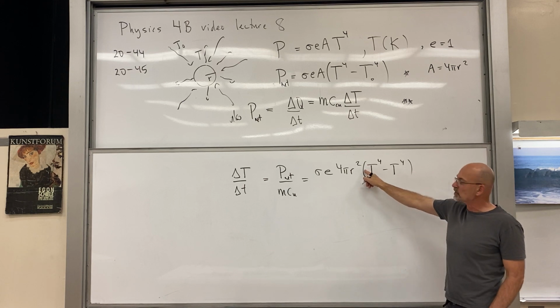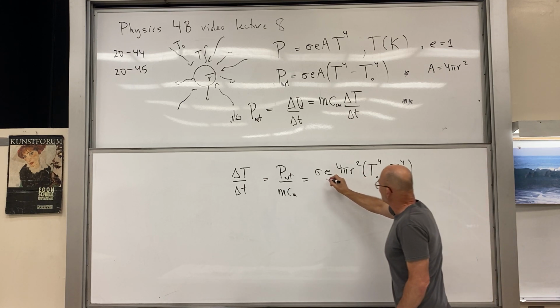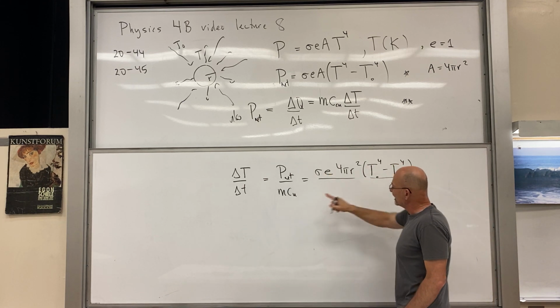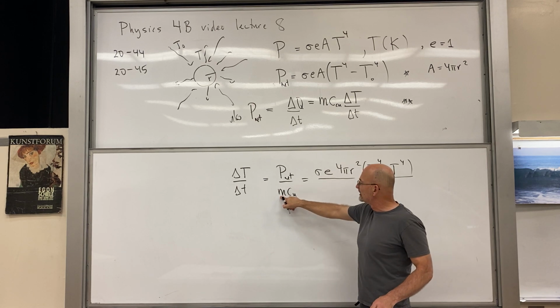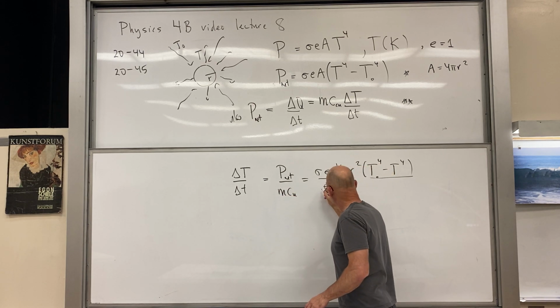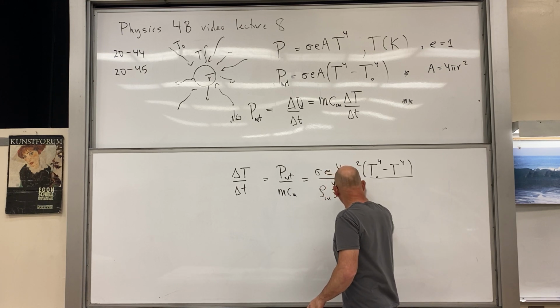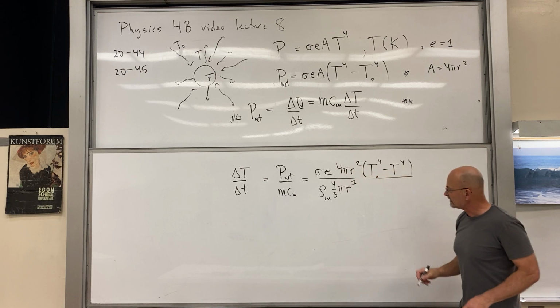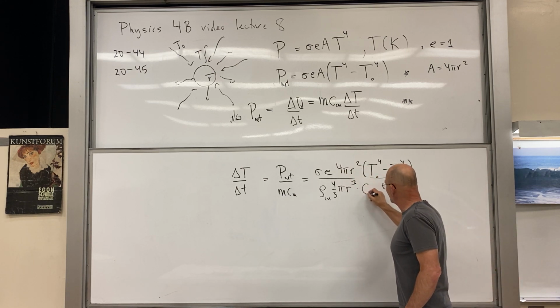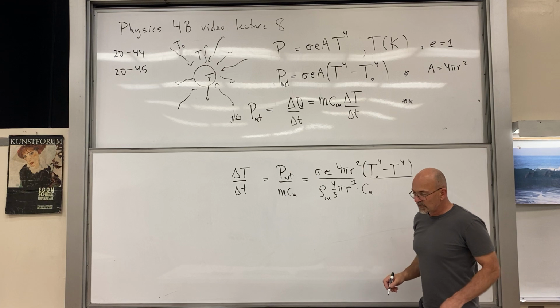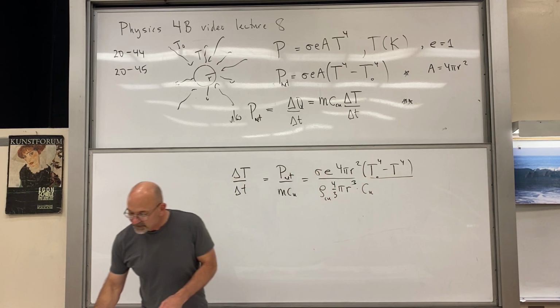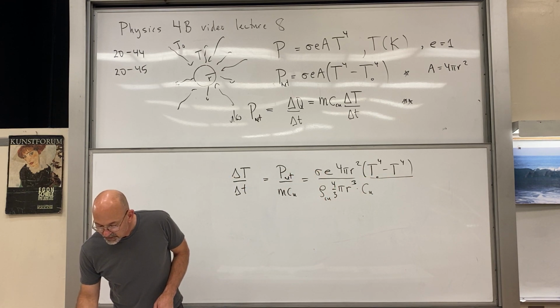That was just the larger of the two. And in the denominator, we're going to need the density of copper. So this is a mass of a sphere, so that's the density of copper times 4/3 pi radius cubed, and then times the specific heat of copper. So I'm going to leave it right there. Maybe I'll say a word or two more about it.